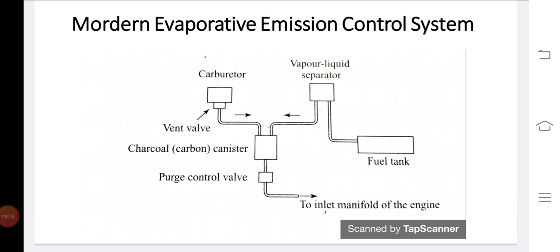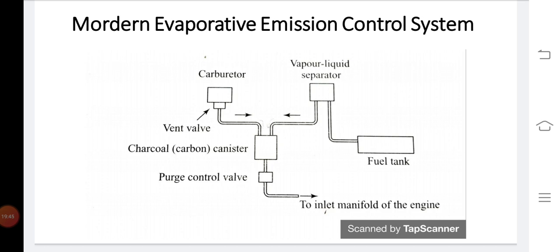So when we start the engine, the inlet manifold sucks fresh air through the canisters, and the fresh air purges the gasoline vapors from the canisters, and purging is the process by which the gasoline vapors are removed from the charcoal particles inside the canister.